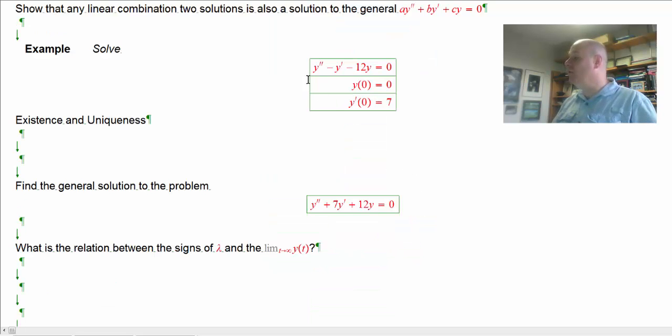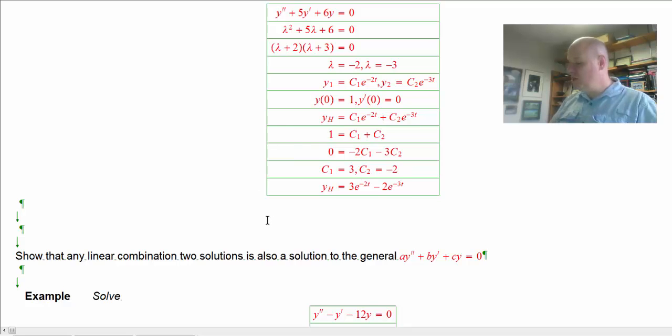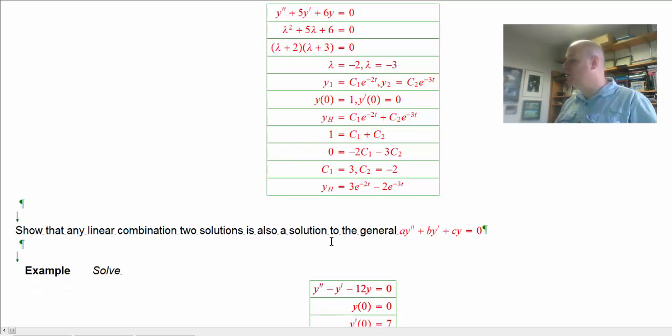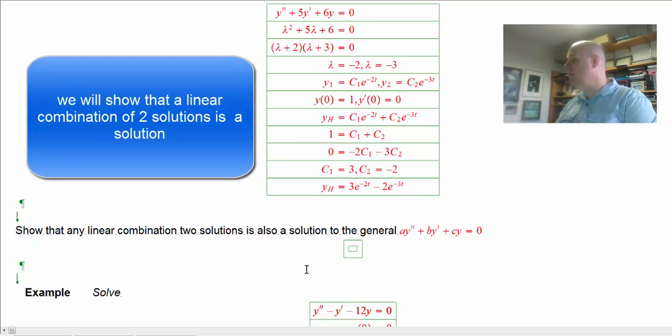So, in general then, let's show this in general. Any linear combination of solutions to a linear second order constant coefficient homogeneous differential equation is also a solution. In order to show that, I need to start off with my assumption.